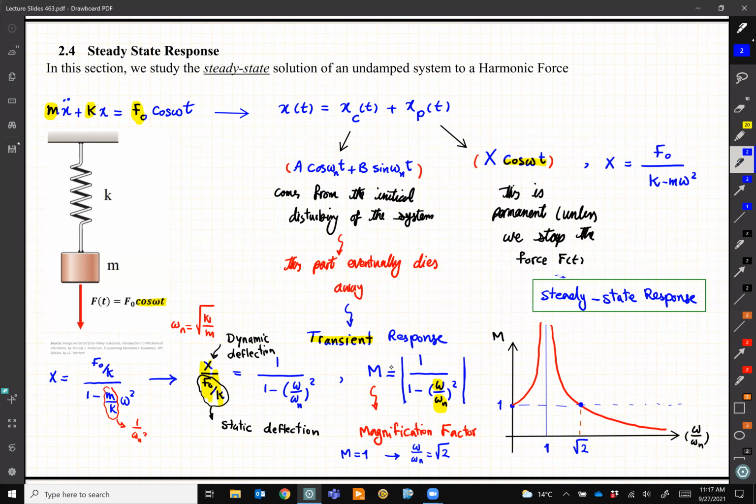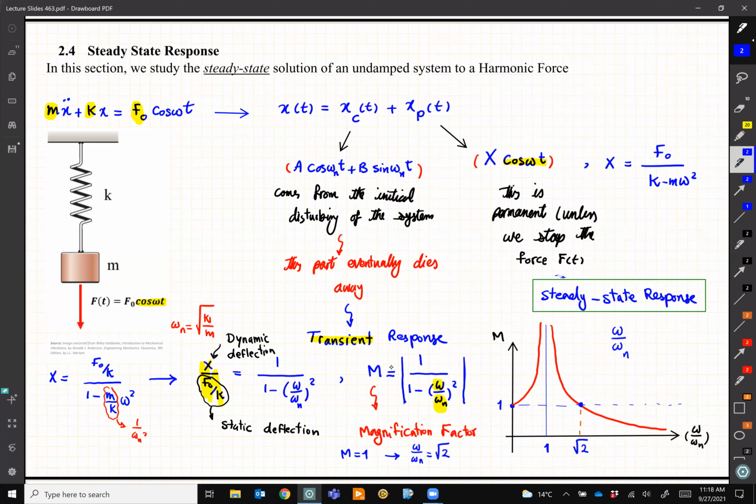Now you tell me why this number is critical, like this is square root of 2. Any idea? Whenever we want to do a design, this square root of 2 is a key number that people look at. They look at their system, so they decide this omega over omega n, if it is bigger than a square root of 2 or smaller.